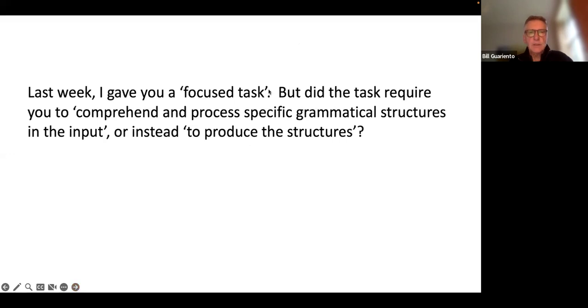I gave you a focused task, but did the task require you to comprehend and process specific grammatical structures in the input, or instead to produce the structures? So what were you doing? Were you receiving input, or were you producing these new structures?